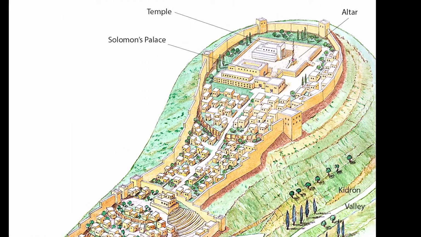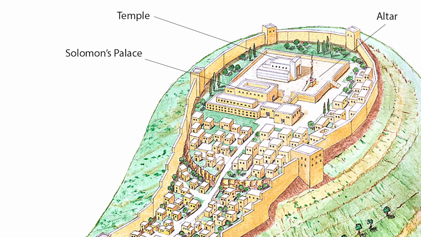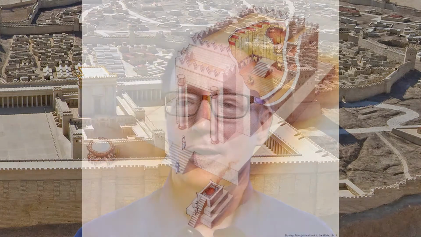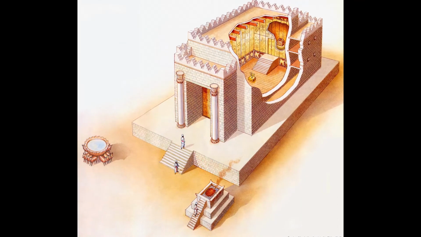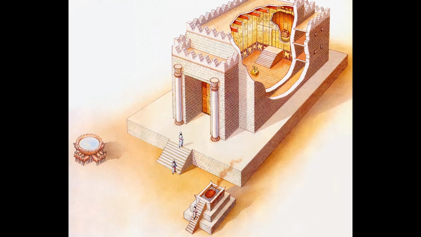We can see the temple there, and pretty much the same as David's city, but just that extension, the summit of Mount Moriah included within the city of Solomon. So that was Jerusalem in the days of Solomon. And Solomon built his temple there on the top of Mount Moriah, and it was a beautiful temple.